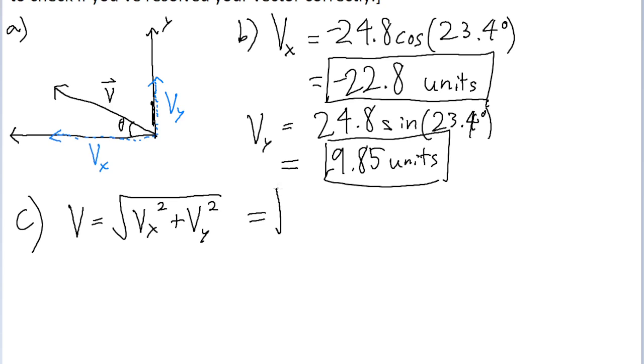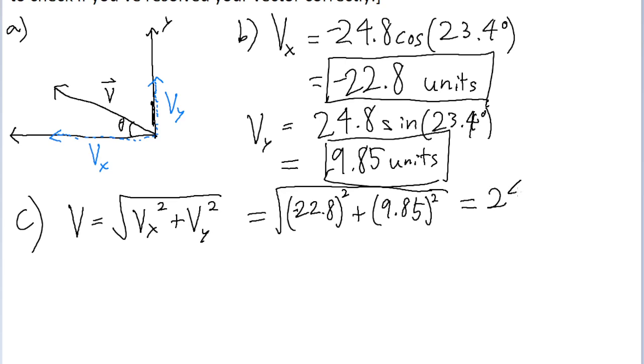So that is the square root of the square of negative 22.8 units plus the square of 9.85 units. And if we put that into a calculator, then we find a magnitude of 24.8 units, which checks out because that's the magnitude of the vector that was given to us in the problem. So we know we have this part correct.